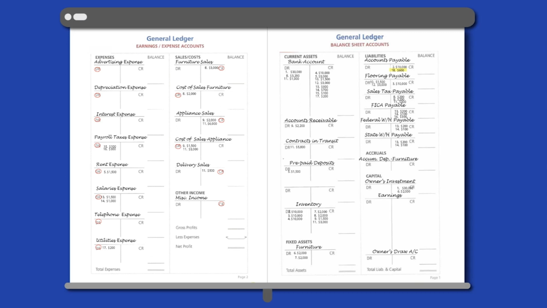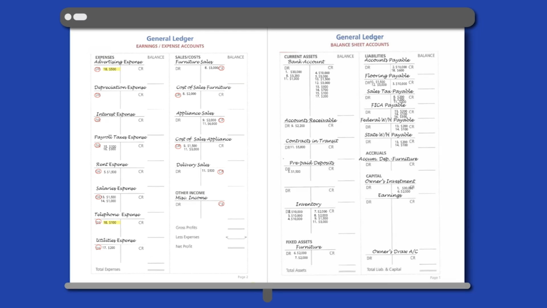Okay, let's go through that again. We credited accounts payable liability account for $600, showing that we owe it. We debited telephone expense for $100 because we've consumed that, and we debited advertising expense for $500 because we've consumed that. Okay, good. That balances.